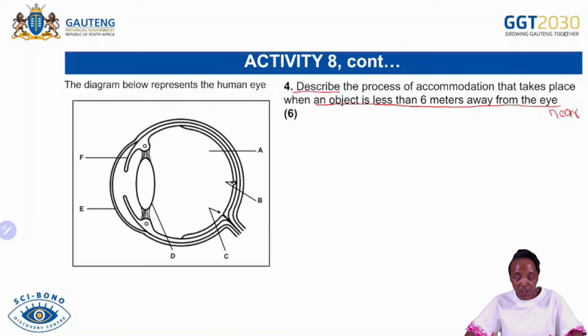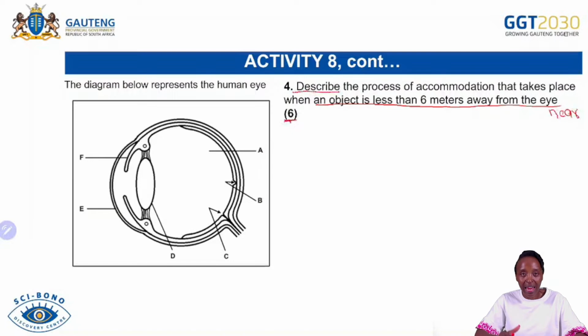So in accommodation, when you're looking at the object that is closer to you, step by step in that logical manner for you to get the 6 marks. So exactly as it is from your exam guideline and from your textbook. So looking at the object that is closer, we said ciliary muscles, they do what? They contract. We said the suspensory ligaments, they slacken, they become loose.